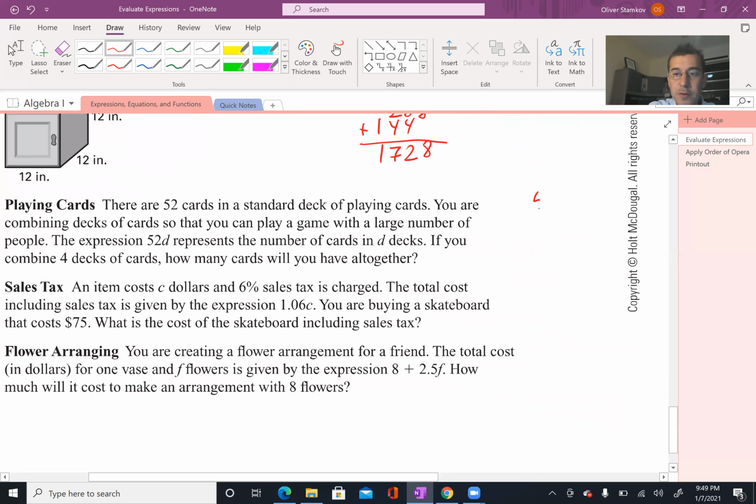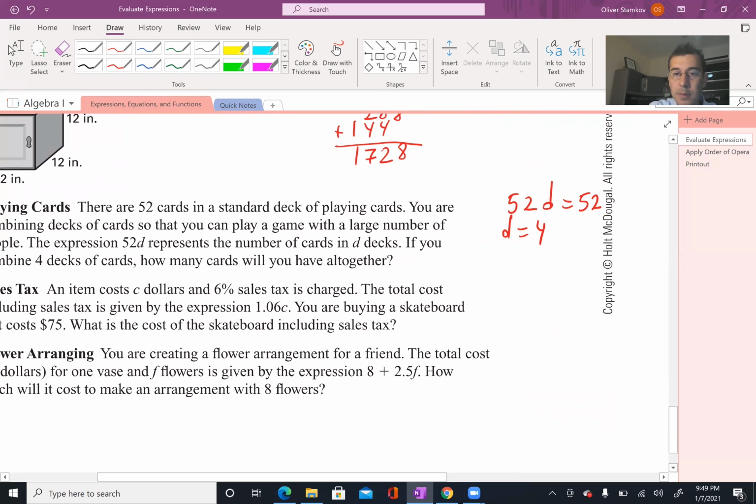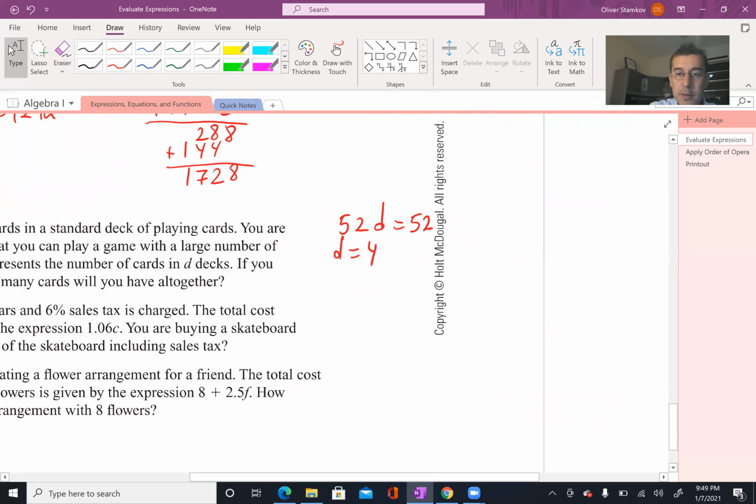So the expression is 52D, where D is 4. So this is 52 times 4. Okay. So 4 times 2 is 8, 4 times 5 is 20. So 208 cards.